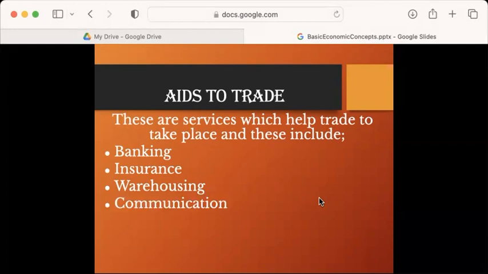Communication: we should be able to communicate with our customers, with our suppliers. So we need services like postal services, telephone, fax, and internet, and various things. So these companies who provide them are also aiding the traders. And advertising, for us to make our customers aware of our products and try to sell successfully to customers.